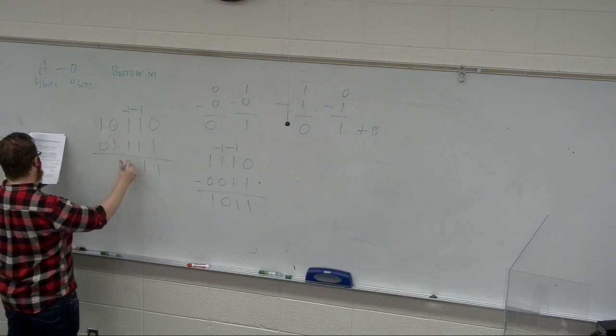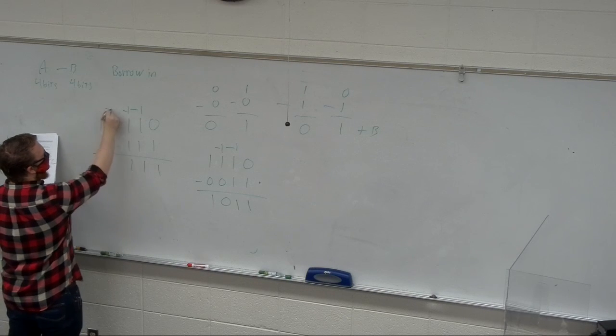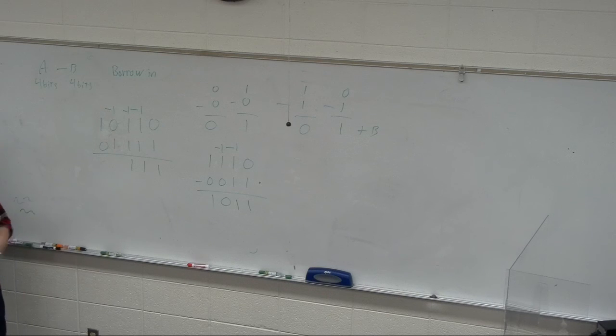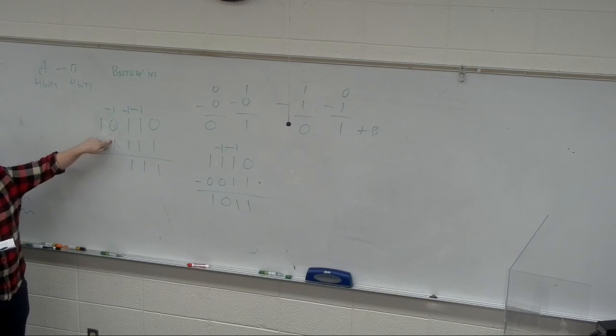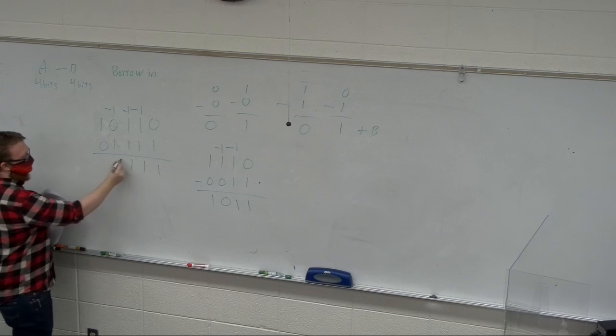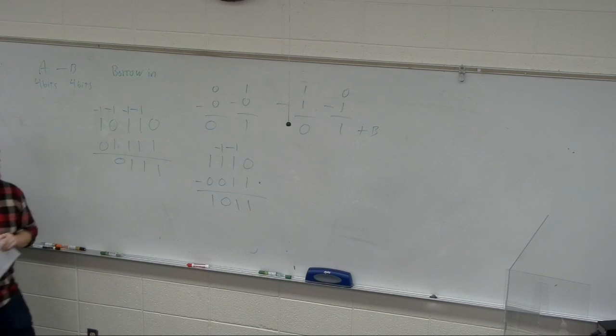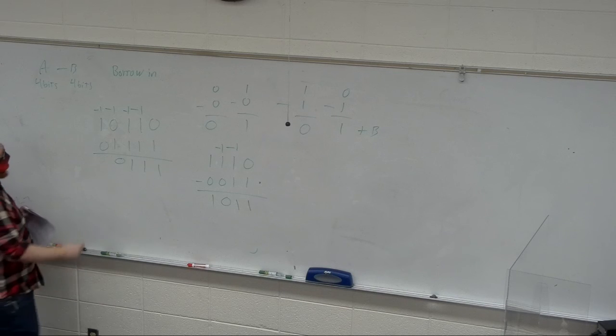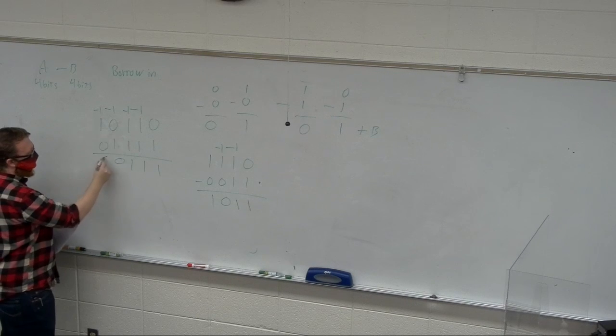That's a repeat, right? 1 and a borrow. But now I have a new problem. I have minus 1, minus 1. Now I'm at minus 2. What goes here? A 0 and a borrow. And then minus 1 and a 1 is 0.